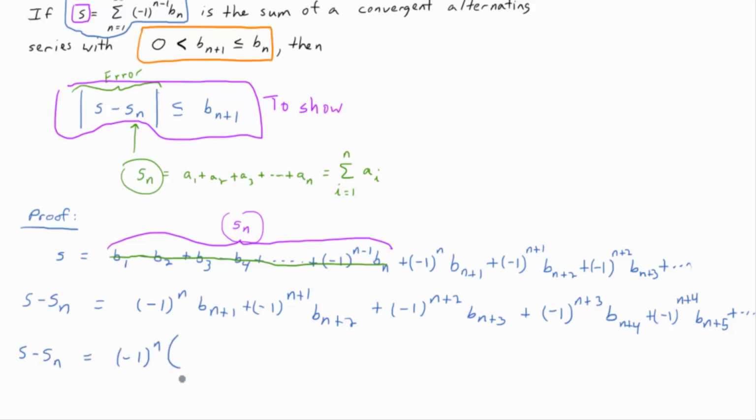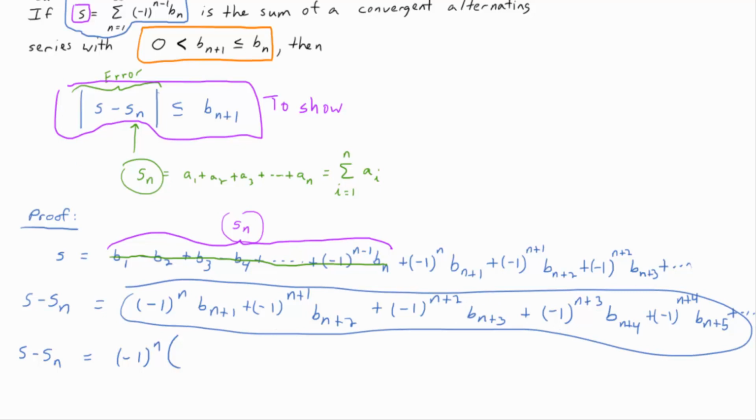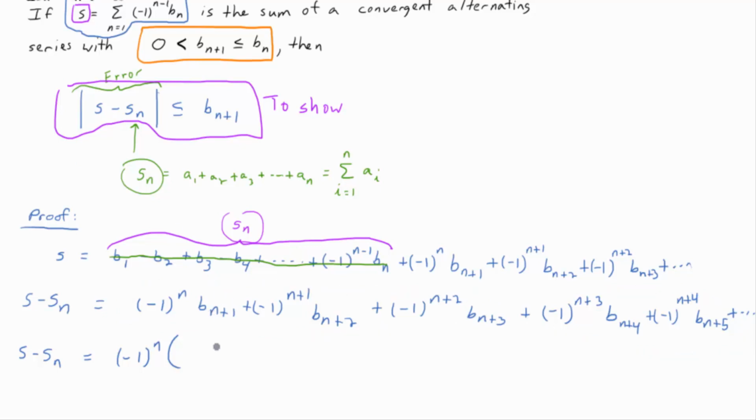So imagine factoring a negative 1 to the n out of all of these terms, all of them. So that would just leave me with a bn plus 1 here, right? Which means we know now how it alternates.